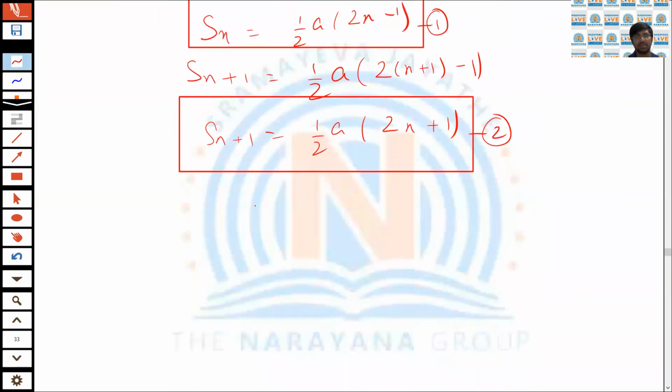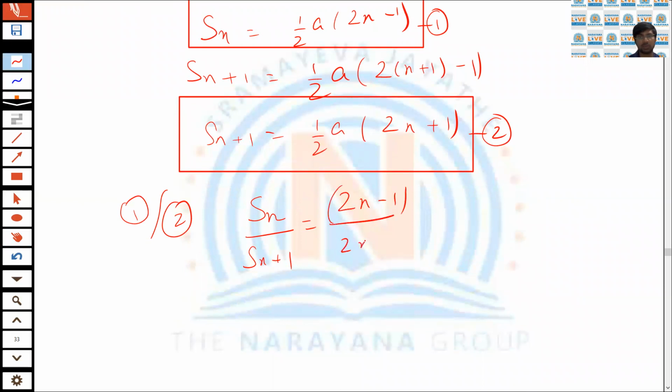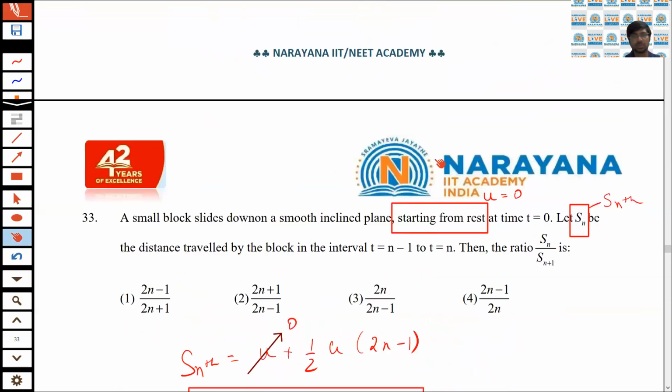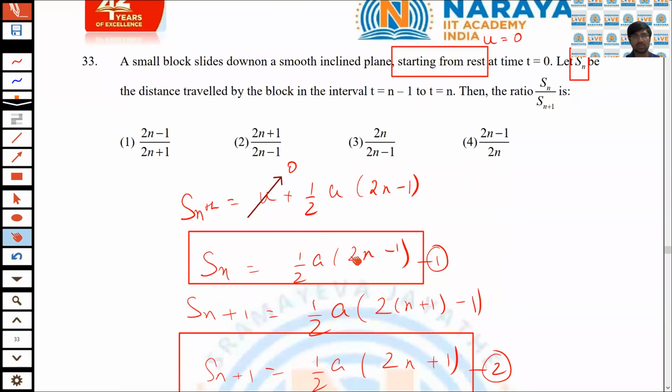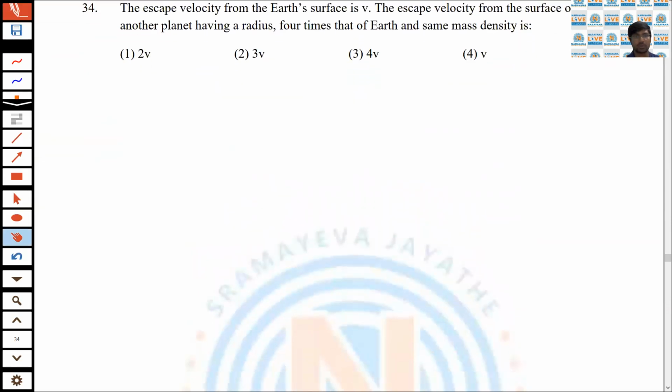Let's divide these two. So Sn divided by Sn plus 1, which means equation number 1 divided by equation number 2, becomes equal to (2n minus 1) divided by (2n plus 1). So the correct option for this question is (2n minus 1) divided by (2n plus 1), which basically means the first option.